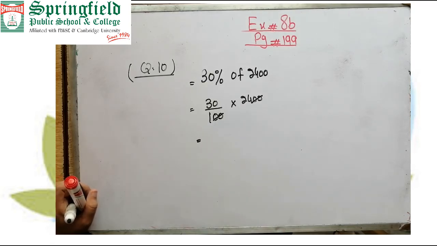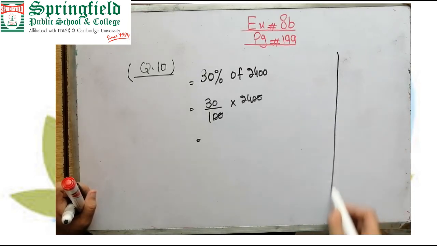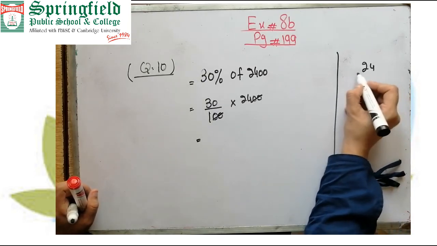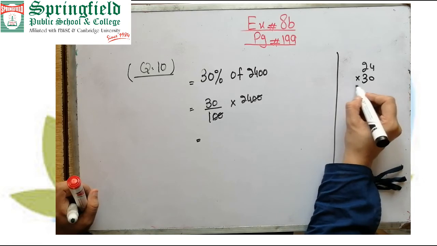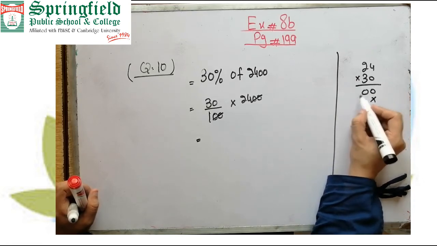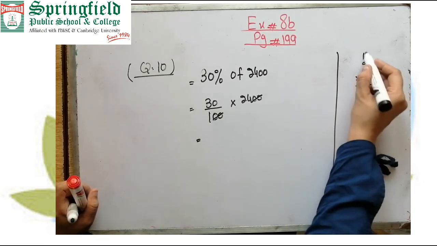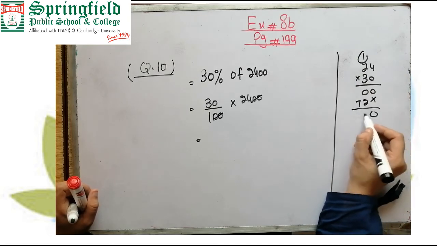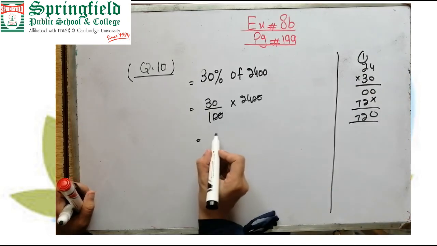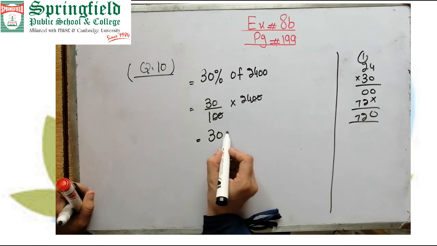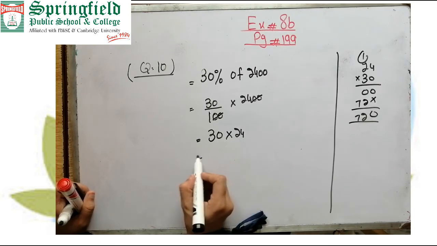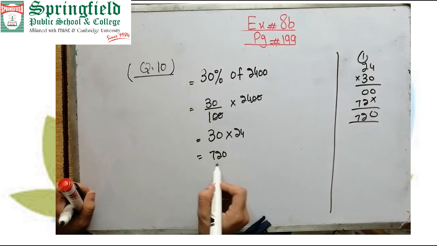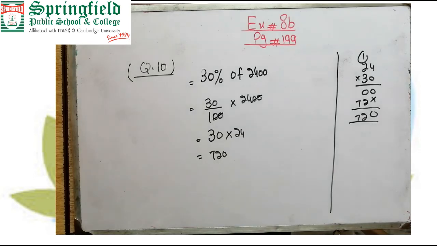So what will be the answer when we multiply 24 with 30? 0, 0, 3 4s are 12, 3 2s are 6 and 7, so 720. It means when we multiply 30 and 24, 720 is the amount after increasing.